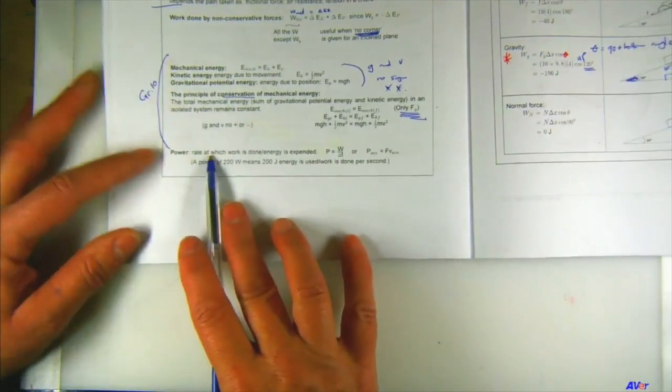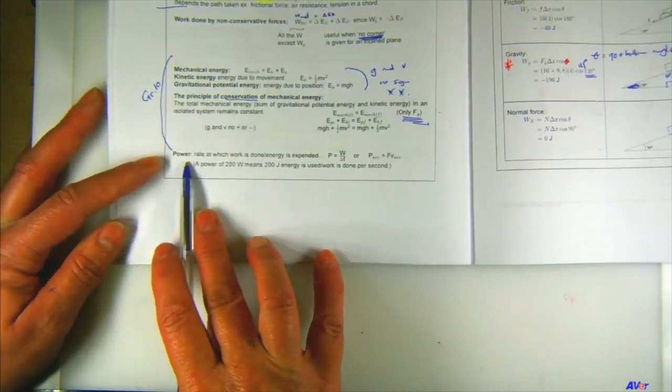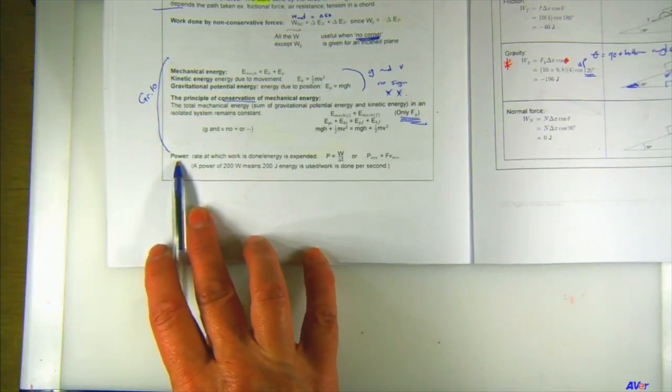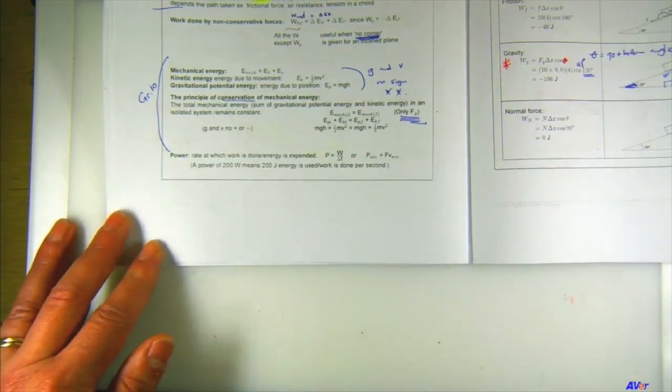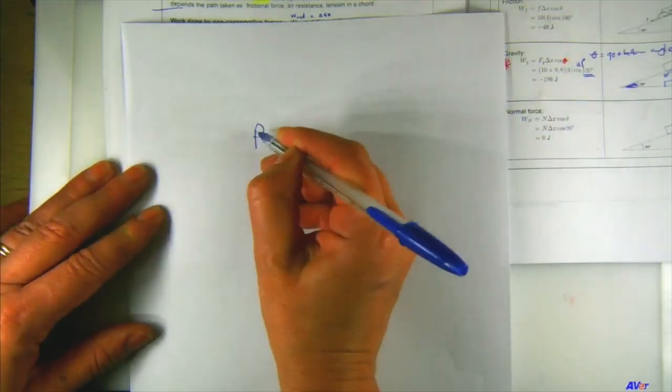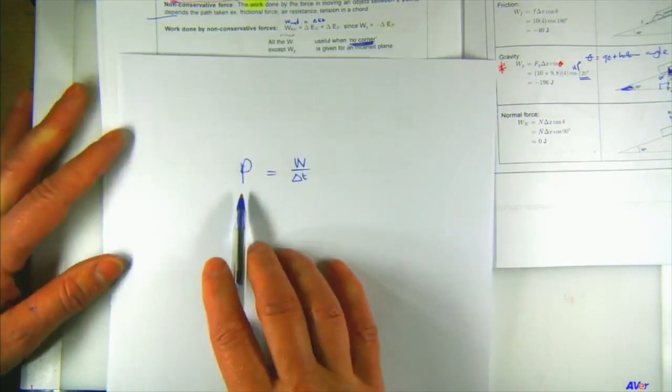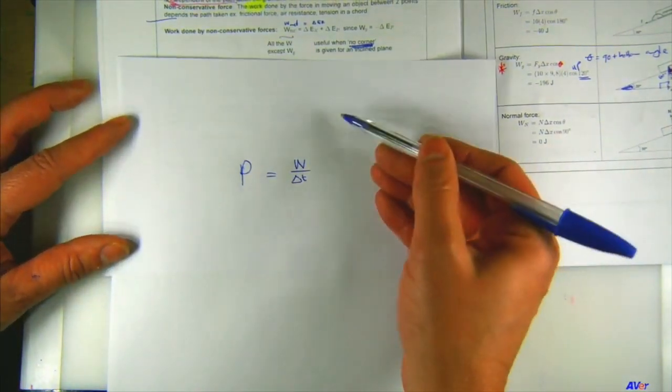I just quickly want to look at the last part, and this is back to grade 12, and that is power. Now, you learned about power in grade 11 for the first time, when we were doing electricity. Do you remember electricity? We did power, and we said the power is the work done per unit time.